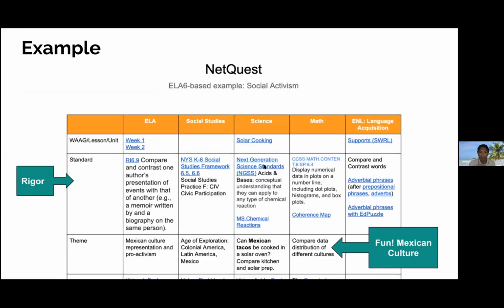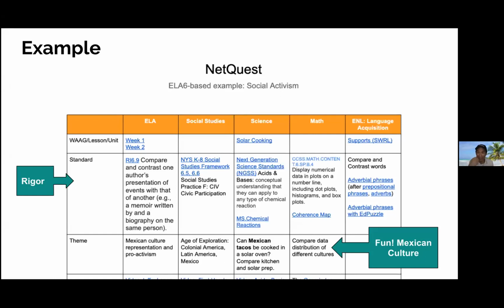All right, so going back to the grid example, the standards are here. You can see across the subjects, even into science, we're going to be looking into acids and bases. They have a standard for that as well. In math, they have the dot plots and data points, which is great when you're studying social activism, of course, right?